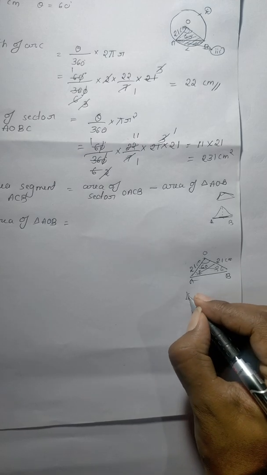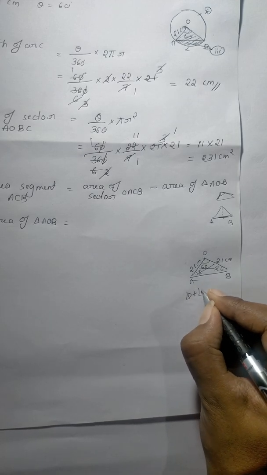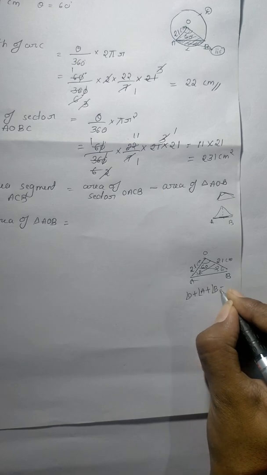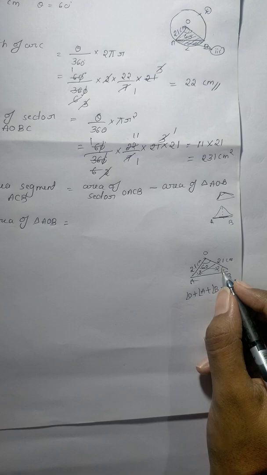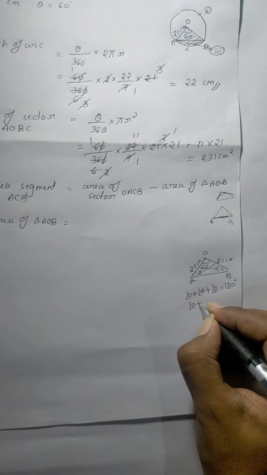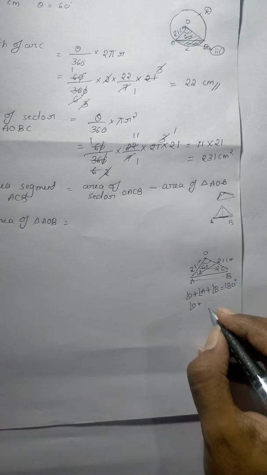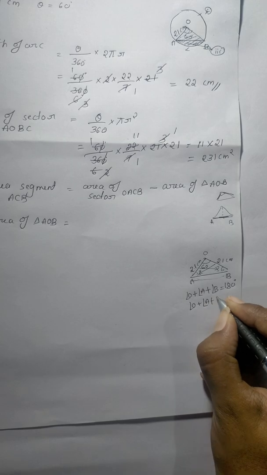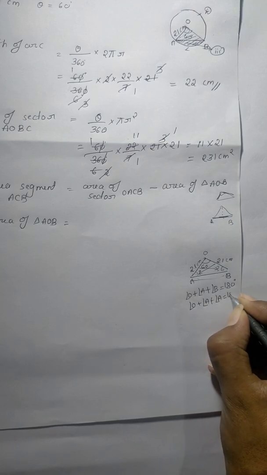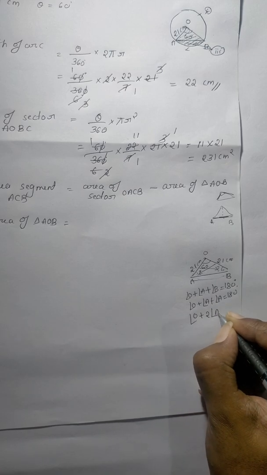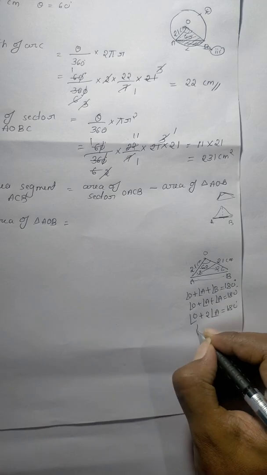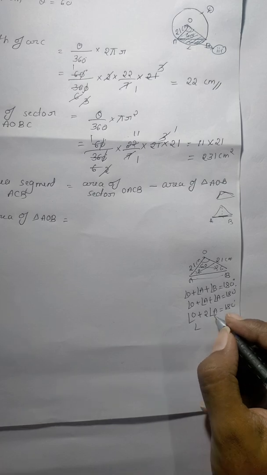So what can we say? By the angle sum property, angle O plus angle A plus angle B is 180 degree. As the sides are equal, the angles are also equal, so angle A is equal to angle B. Instead of angle B, we write angle A: angle O plus 2 angle A is equal to 180 degree. Now we want the angle A value.